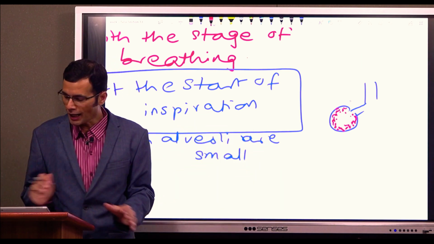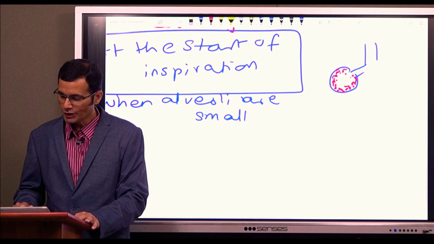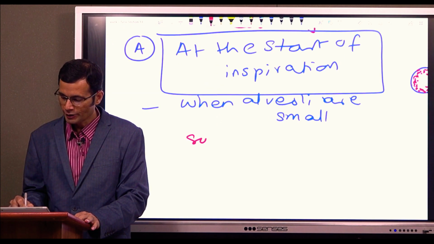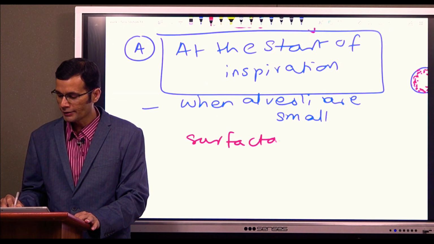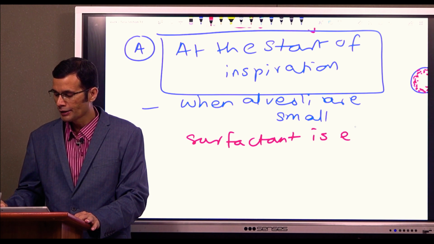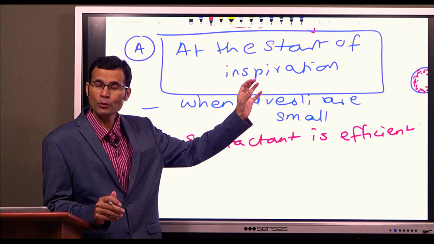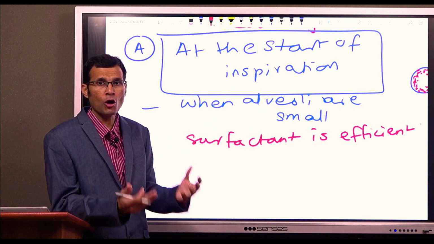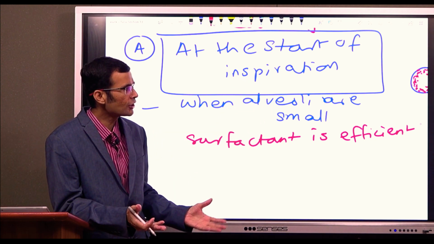And because of that, the surfactant is efficient. Surfactant is efficient in reducing the surface tension, because the surfactant molecules are concentrated and their job is to reduce the surface tension within the alveoli.